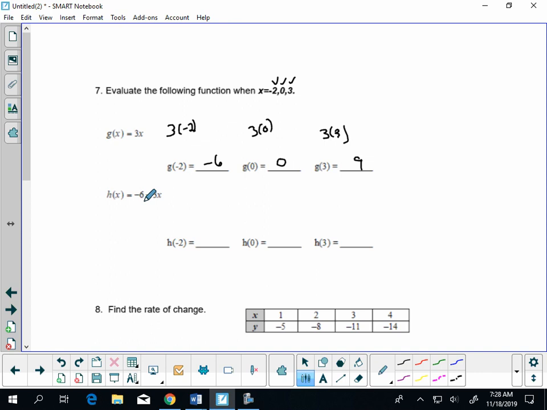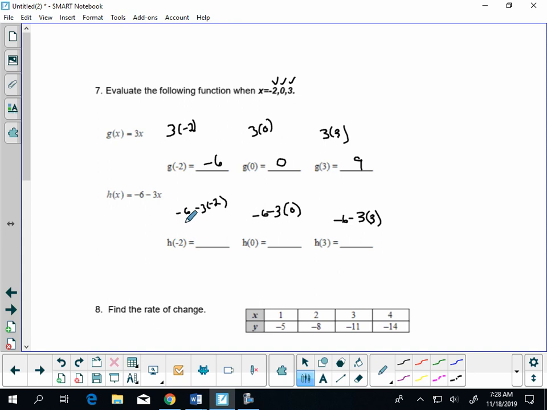You do the same thing here, but you've got now negative 6 minus 3x. So negative 6 minus 3 times negative 2, negative 6 minus 3 times 0, negative 6 minus 3 times 3. Order of operations matters.